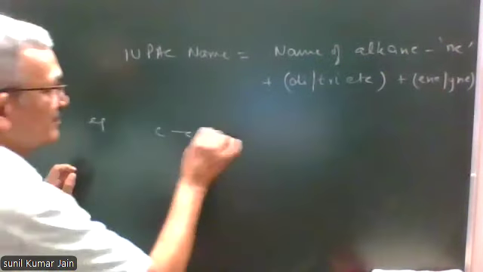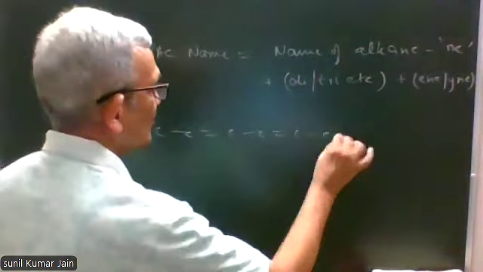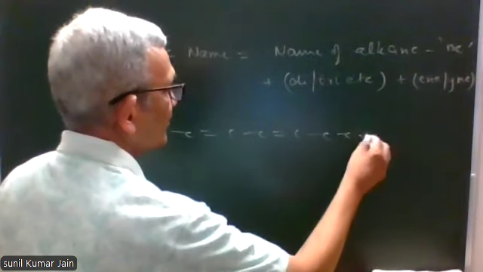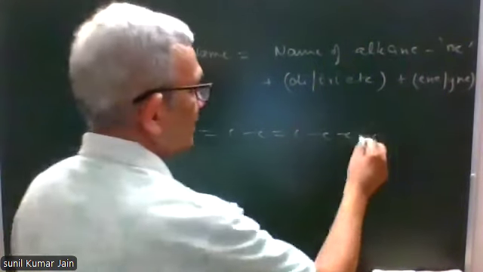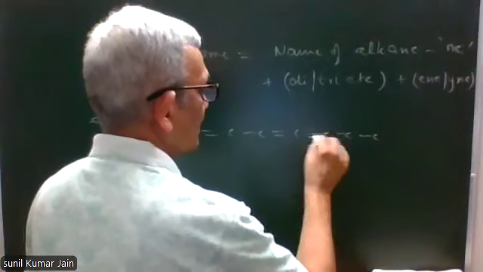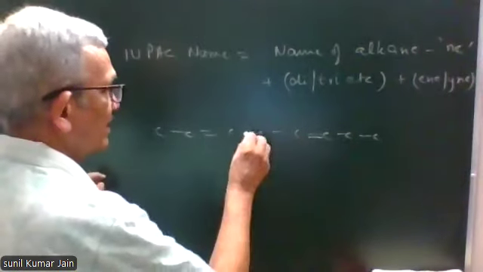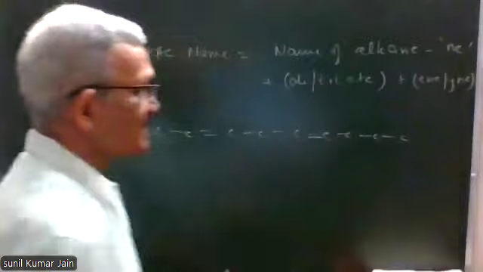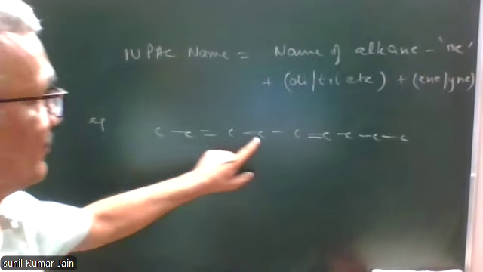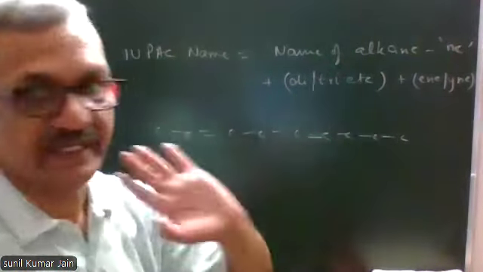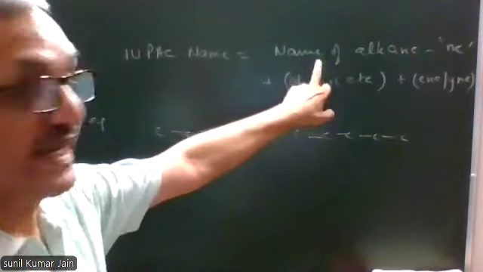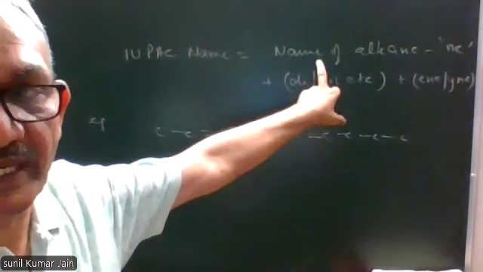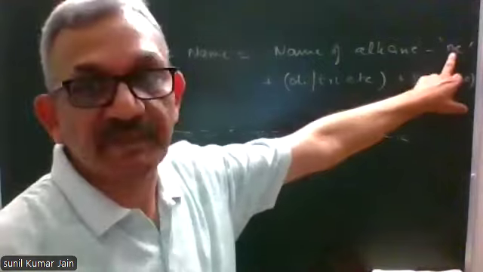For example, let us say this is the compound. 1, 2, 3, 4, 5, 6, 7, 8, 9. Alkane of 9 carbon atoms is called nonane. From nonane, we'll subtract 'e'.